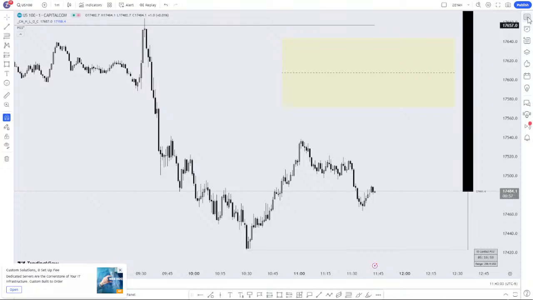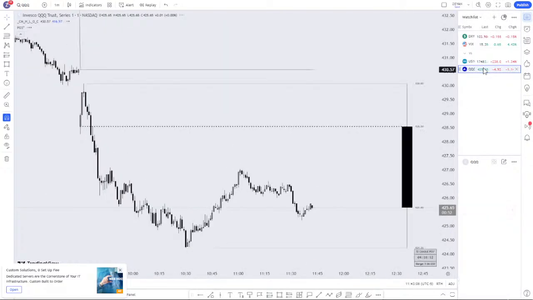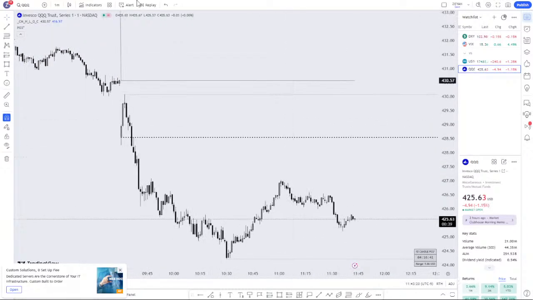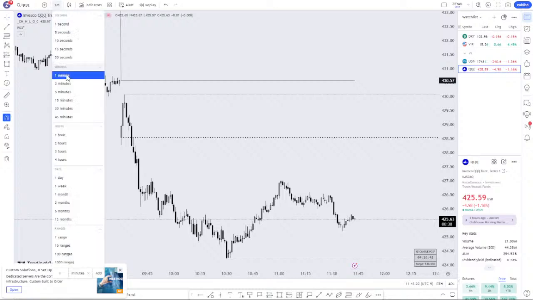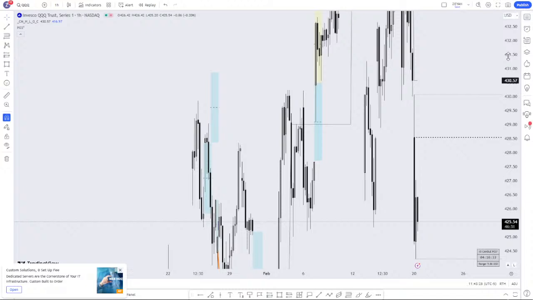Next, we look at the QQQs. The Qs. Hourly time frame.